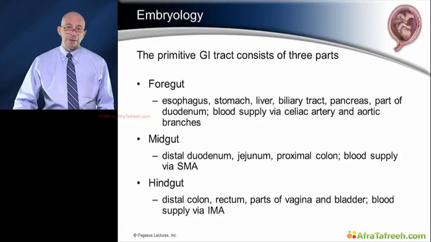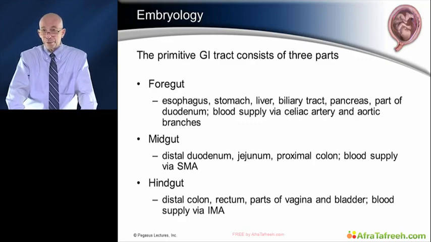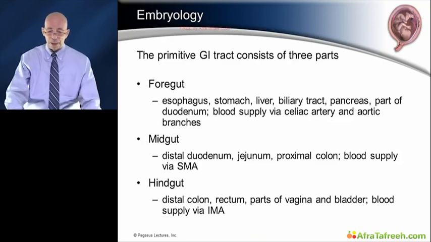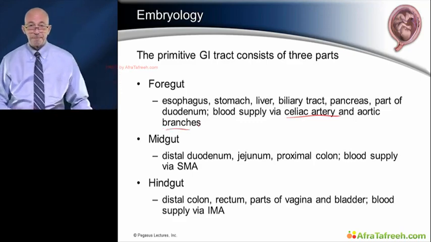The embryology of the gastrointestinal tract begins early in gestation, and the primitive GI tract consists of 3 parts: the foregut, which will evolve into the esophagus, stomach, liver, biliary tract, pancreas, and part of the duodenum, receives its blood supply via the celiac artery and some of the branches off the aorta.